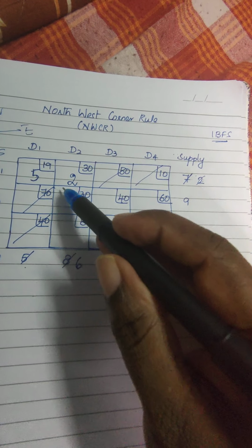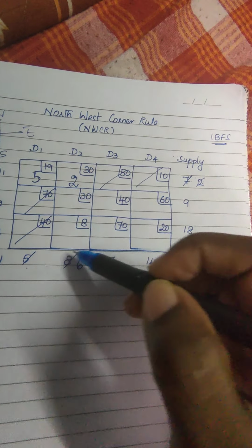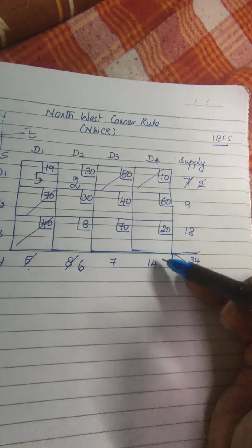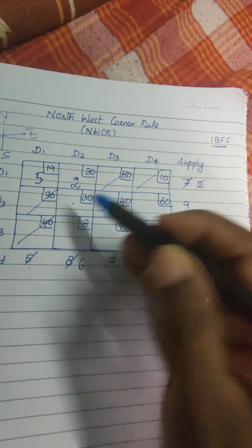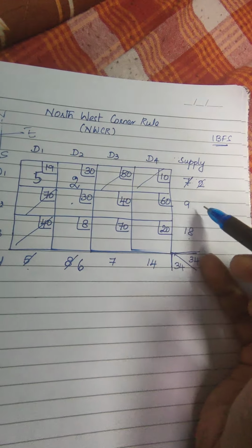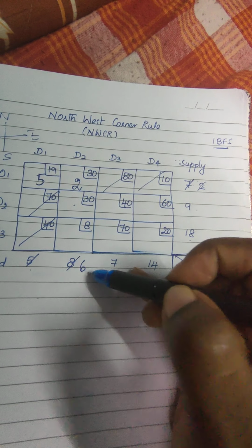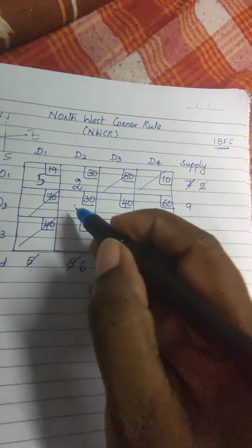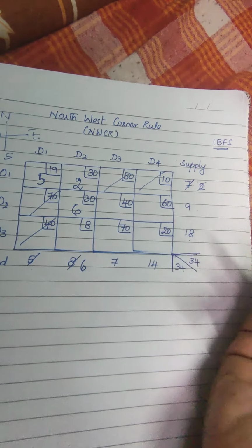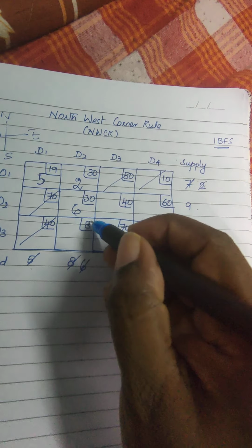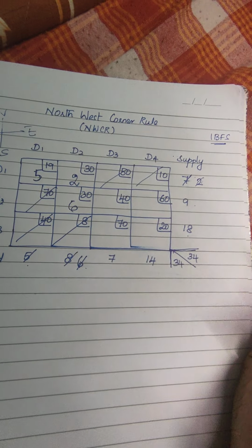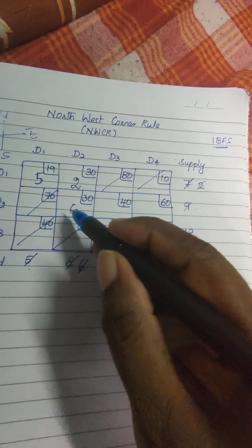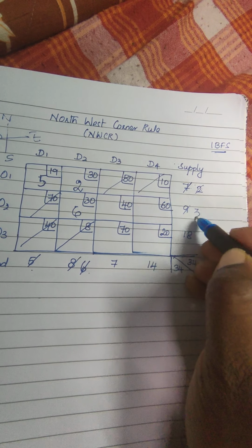In the remaining boxes, the northwest corner box is this one. Supply 9, demand 6. Whichever is less, I allocate. 6 is completed, so I close it off. I have taken 6, remaining 3.